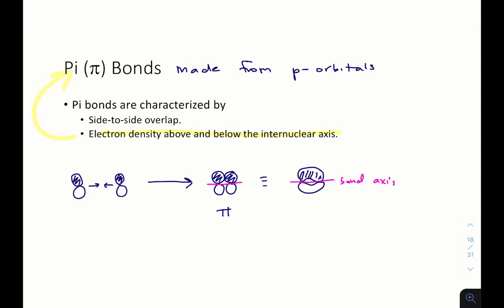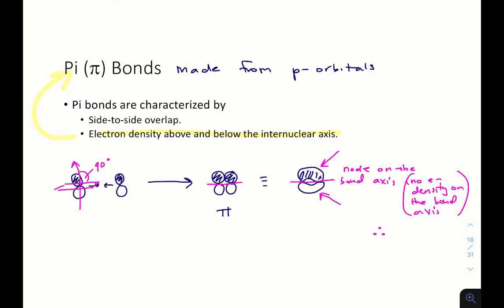For the pi orbital, you have electron density above the bond axis, below the bond axis, but there is a node on the bond axis, which is derived from the nodal plane that exists from p orbitals. It is at a 90-degree angle to the orbital axis. So there's a node on the bond axis, so there is no electron density on the bond axis.